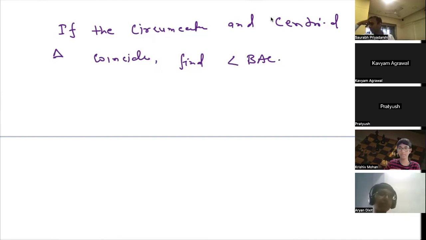But in an isosceles triangle also, we can say the centroid could be passing through this one, but not coinciding in that. Very good.